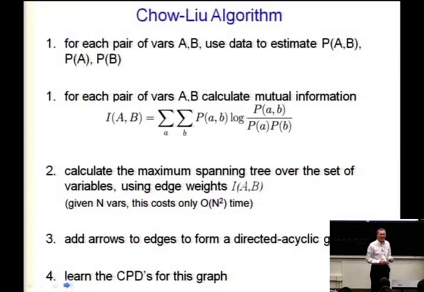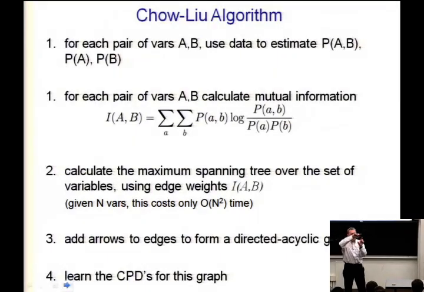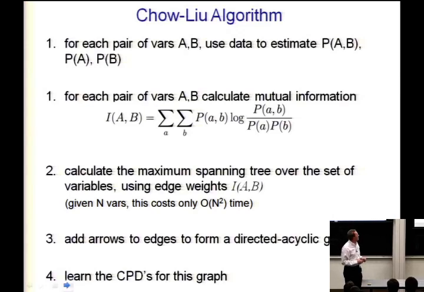The first step, you estimate from the data just these terms: the marginals on every variable, and for every pair of variables, the joint probability of those two, the distributions on those. Then in the second step, you compute all the mutual informations for every pair of variables.